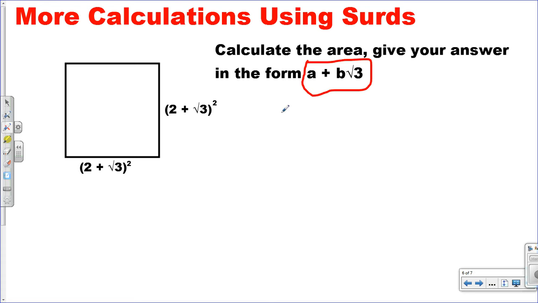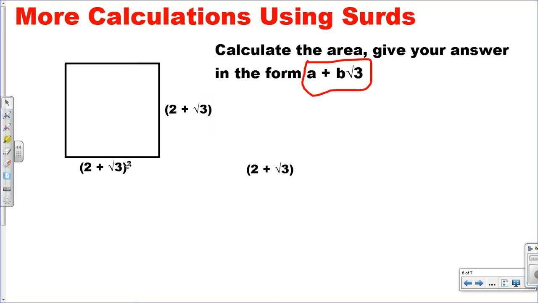First of all, I want to calculate the area. Now, the area of a square is length times width. So we know that we have to times this third by this. Speaking of that, I don't know why that's there, if I'm honest.